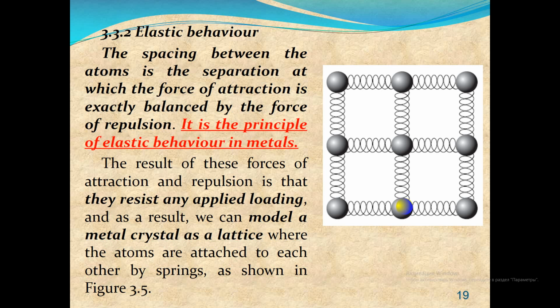We see exactly the same behavior in compression or torsion: a load deforms, followed by spring back when the load is released. This behavior is illustrated in the next figure.